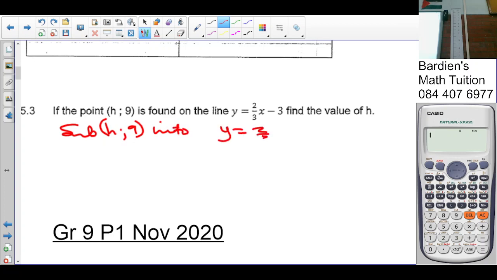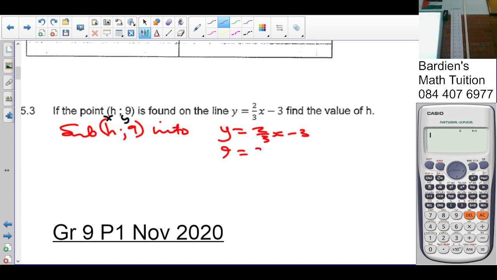Remember that follows a relationship between x and y. So I put my x in, I get my y out. I put my y in, I get my x out. Not so? So this is your x and your y here. So there's a y, so here we'll put that.